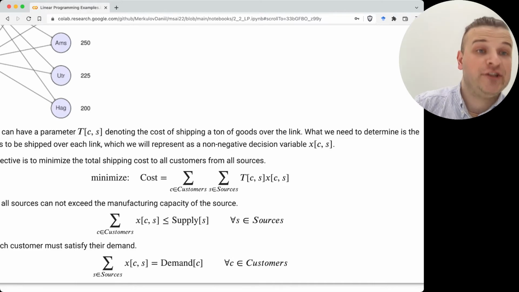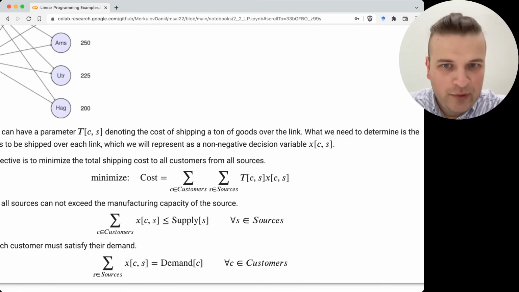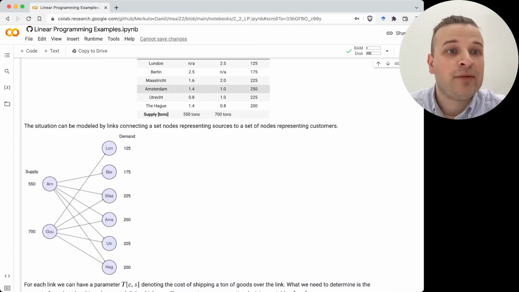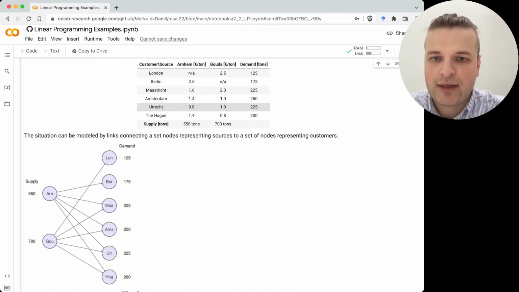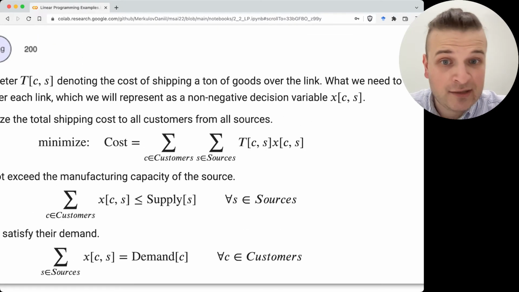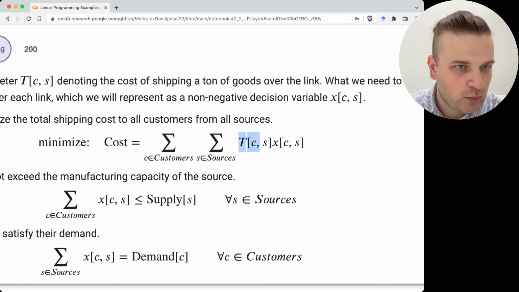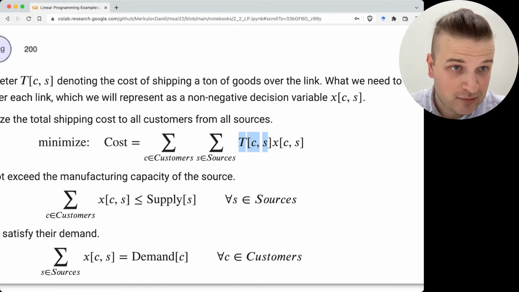So we actually have a matrix of flows between all customers and all sources, and at the same time a matrix of the price per ton. We also have some limits here. Despite the fact that we have a matrix of variables and a matrix of data with the same shapes, the cost function is still linear.